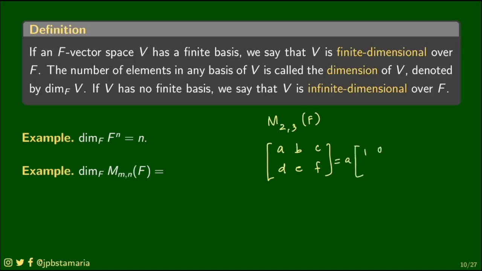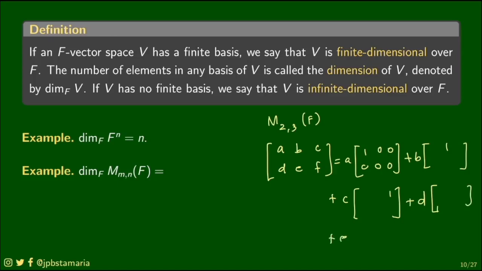You can write this as A times the matrix with 1, 0, 0, 0, 0, 0, plus B times a matrix with a 1 here and all zeros, plus C times a 1 over here, plus D times a 1 over here, plus E times a 1 over here, plus F times a 1 over here. So as you can observe, this forms a basis for the space M23, the space of 2 by 3 matrices over F.